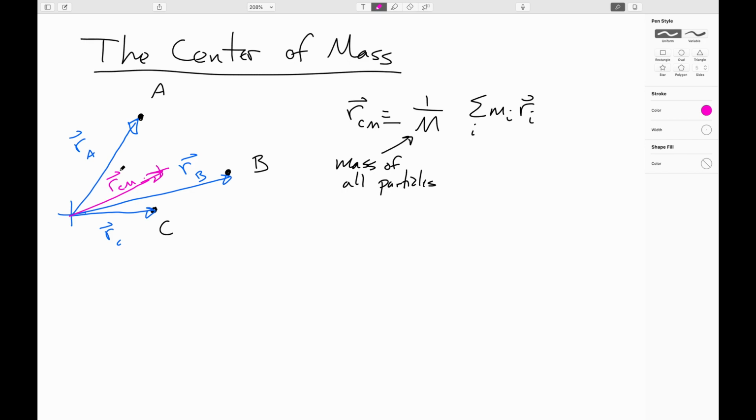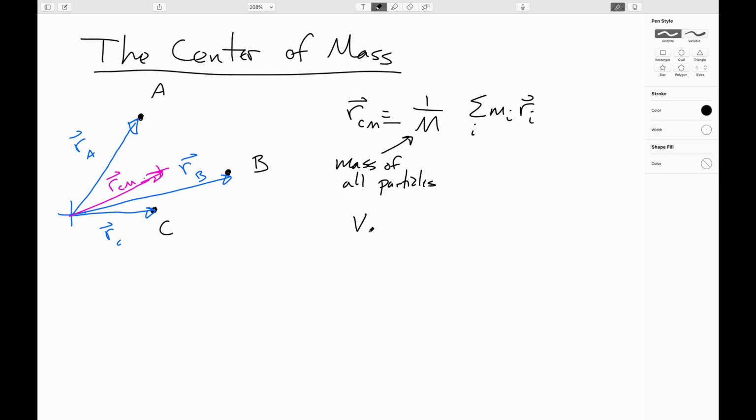Now, it turns out that if we divide both sides by delta t, for instance, dividing this by delta t would give me the velocities of the particles. And so it seems perfectly reasonable to define this to be the velocity of the center of mass, and it turns out to work correctly for what we need.